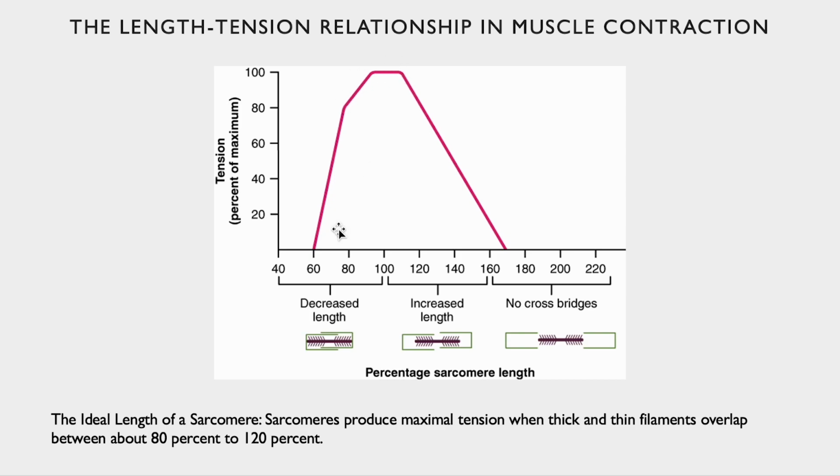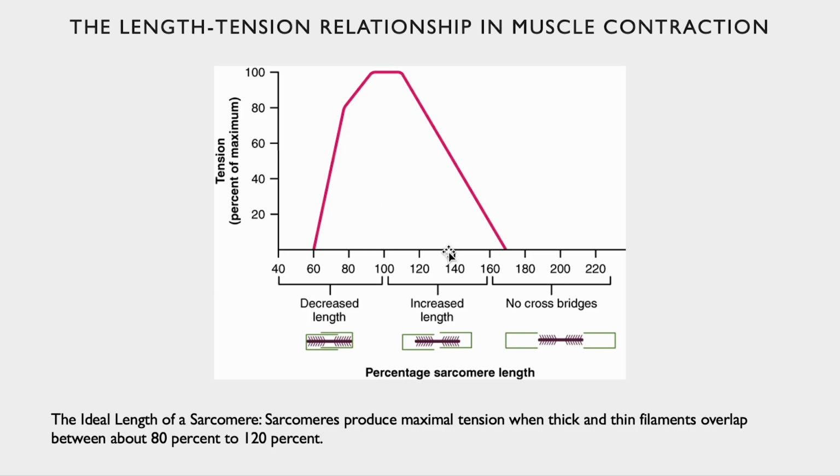If at rest, the overlap between actin and myosin is below 80% or above 120%, notice that the maximal tension that the muscle can develop is very, very small.